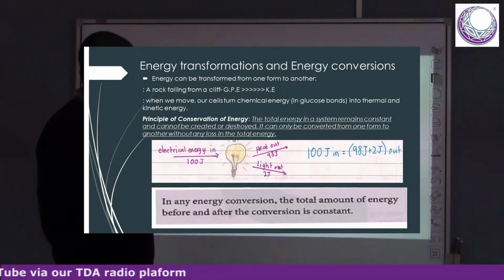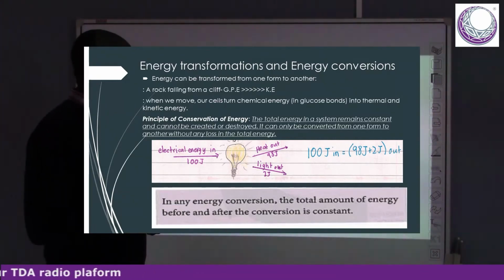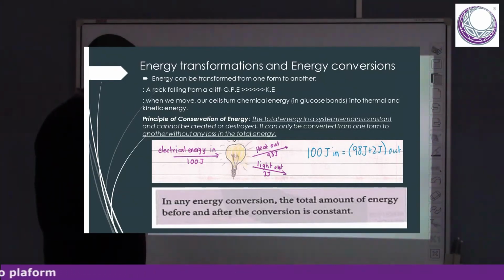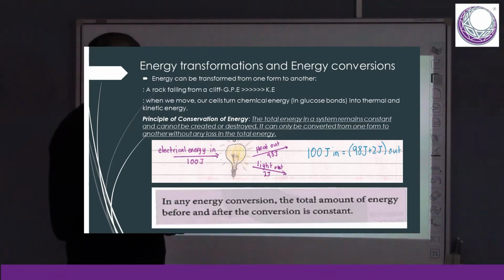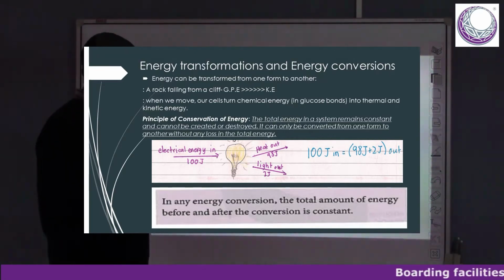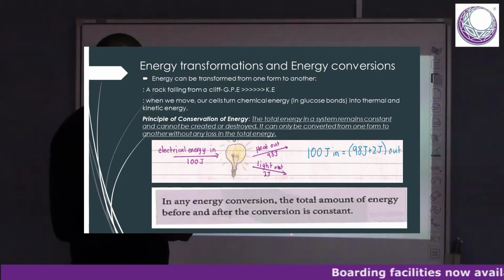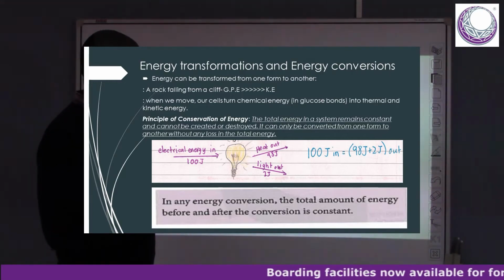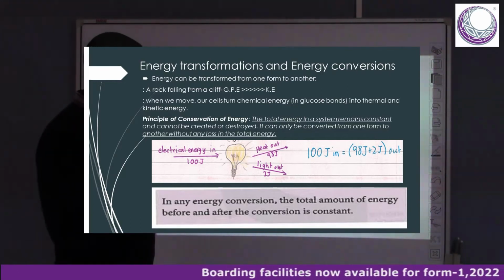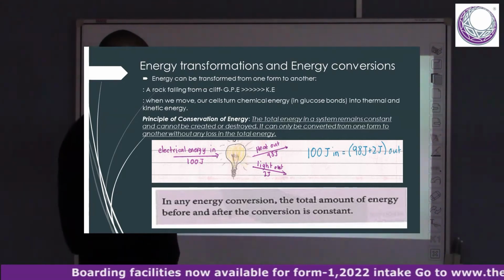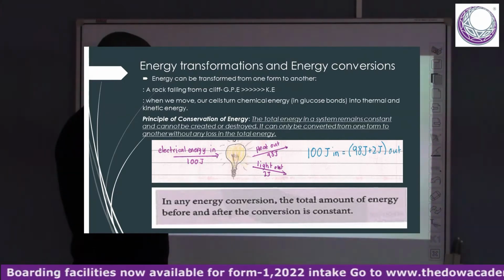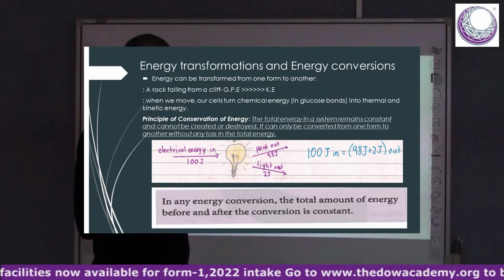So in any energy conversion, the total amount of energy before and after the conversion is constant. That's what we are seeing there with 100. At the end we also have 100, but this second 100 is appearing in different forms. Some of it is heat, some of it is light.